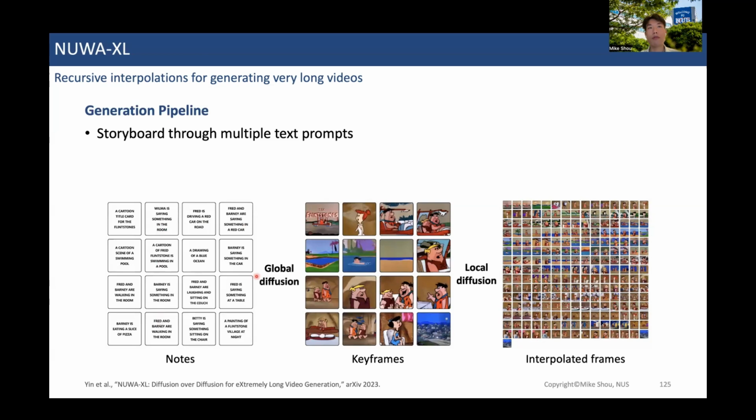First, they have a global diffusion model that, given a text description, can generate a keyframe. Then they have a local diffusion model, which is used to fill in the gap, the missing transition frames between this keyframe and that keyframe, generating more frames, essentially inducing a kind of interpolation.